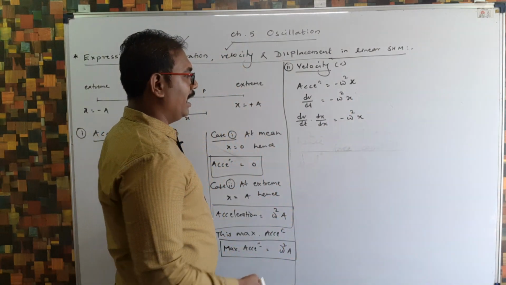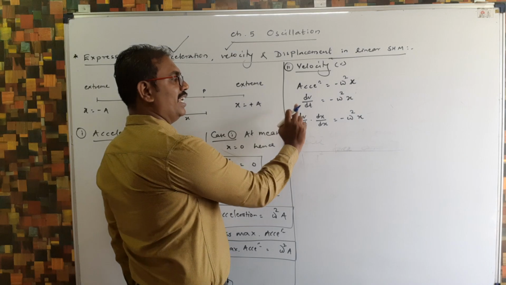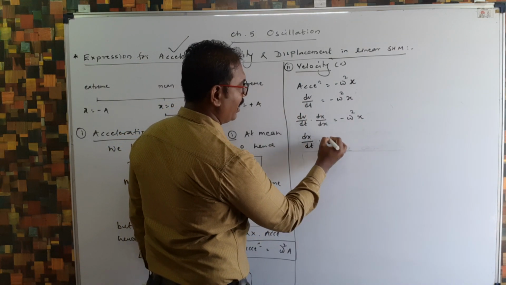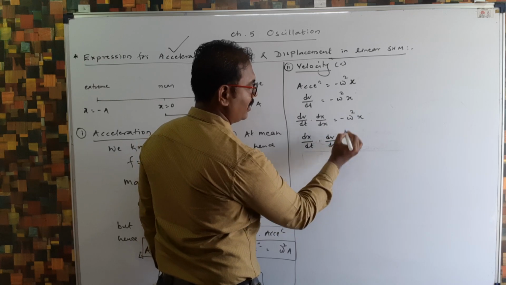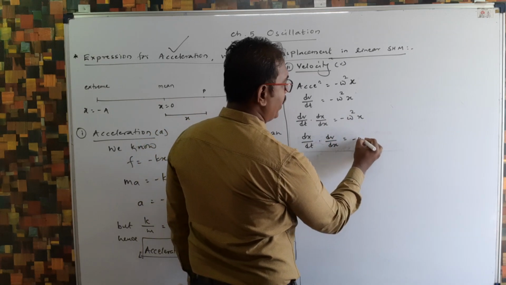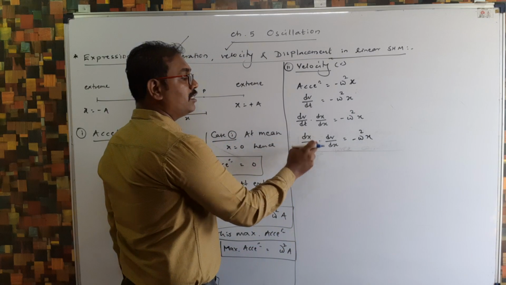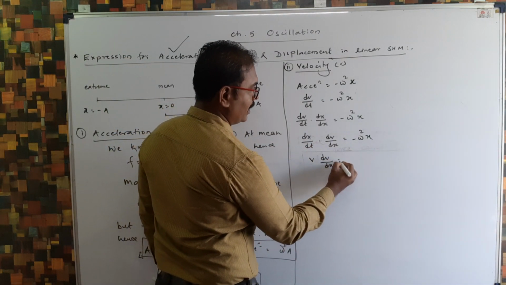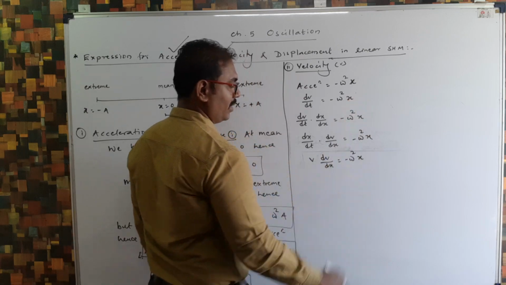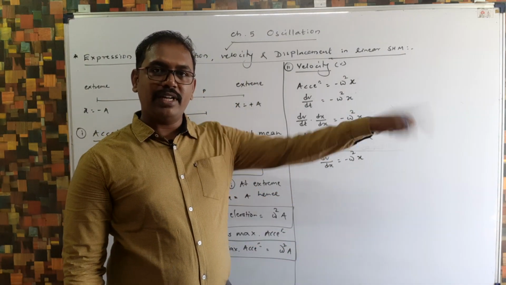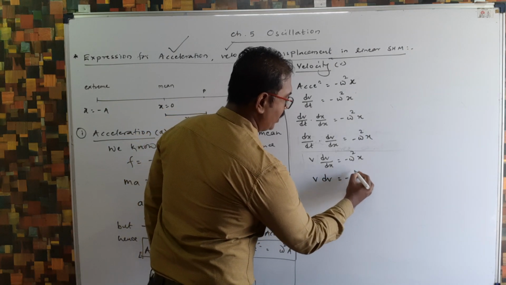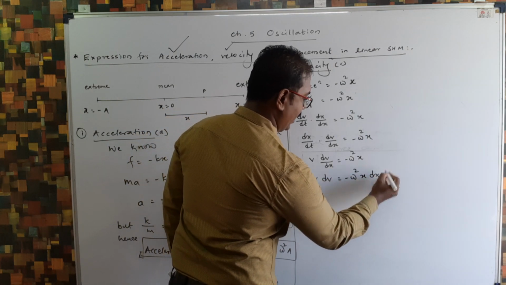Then I can write dx by dt multiplied by dv by dx is equal to minus omega square x. dx by dt is v. So v dv by dx is equal to minus omega square x. Now I can transfer this dx to that side. So here we get v dv is equal to minus omega square x dx.